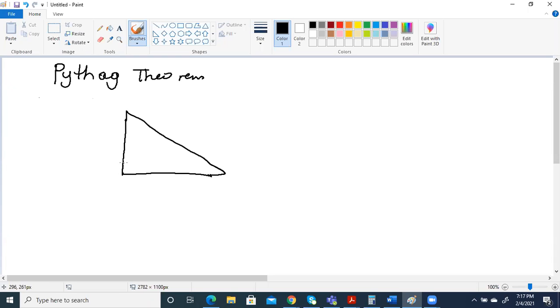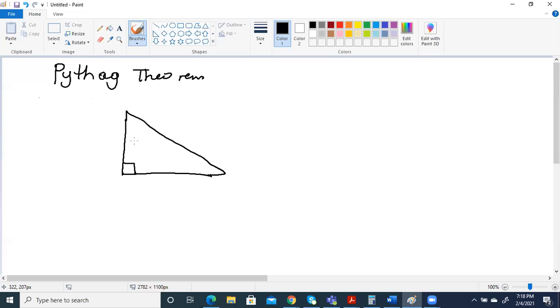And for those of you who don't know or don't remember, a right angled triangle is one in which there is a right angle in it, a 90-degree angle that we usually denote by this little box in the corner where the right angle is, the 90-degree angle, right? So what Pythagoras theorem says is an equation speaking to the relationship between the lengths of the sides of a right angle triangle.